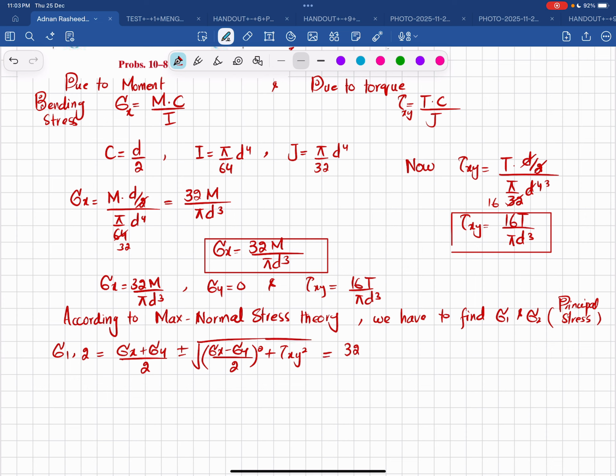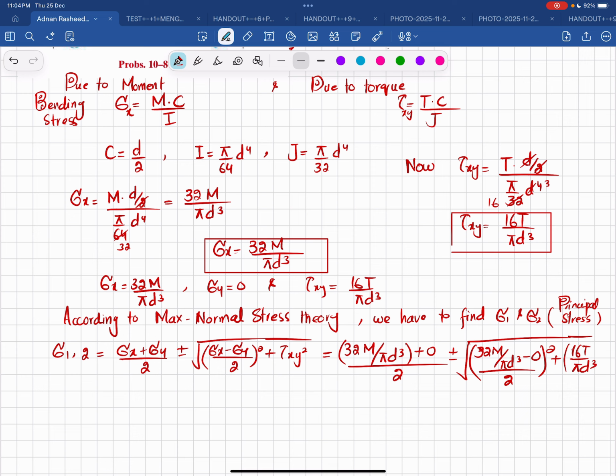Sigma x is 32M over pi d cubed plus 0, divided by 2, plus or minus the square root of (32M over pi d cubed minus 0, divided by 2) whole squared plus (tau xy, which is 16T over pi d cubed) whole squared.